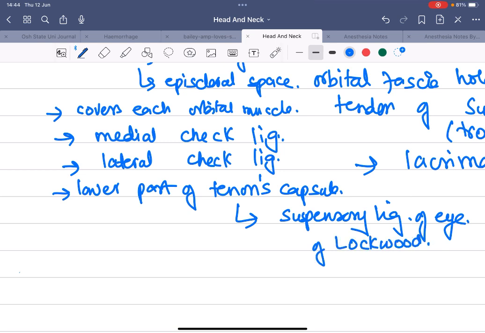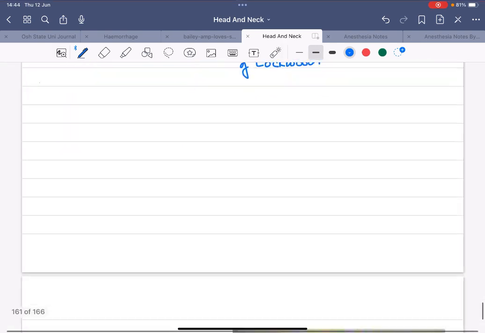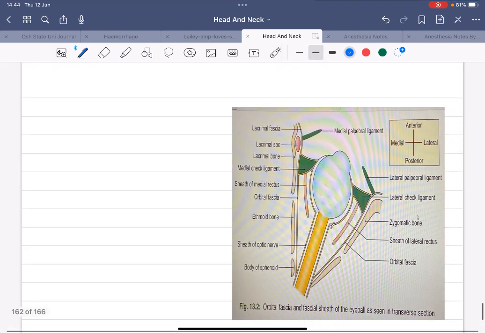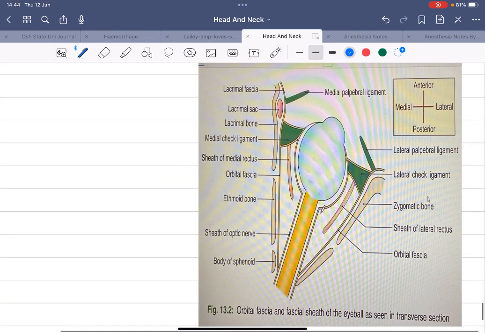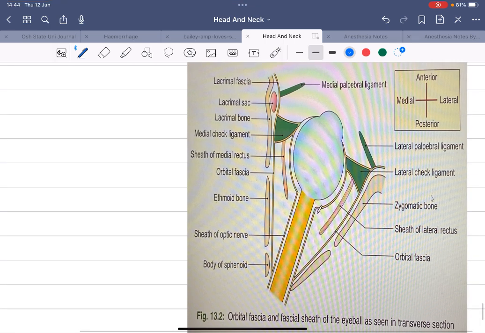See here, all students. Now see this picture first of all. Okay, so this is the orbital fascia, which I am highlighting in blue color. This orbital fascia is now covering the lacrimal sac, so this is known as lacrimal fascia.